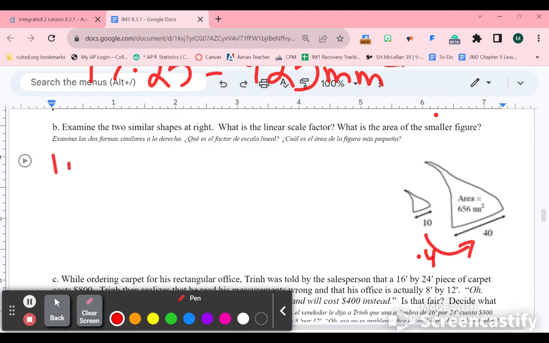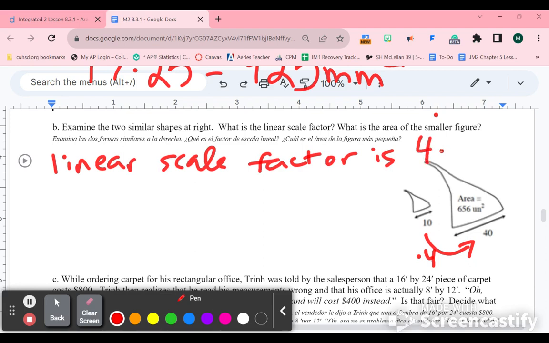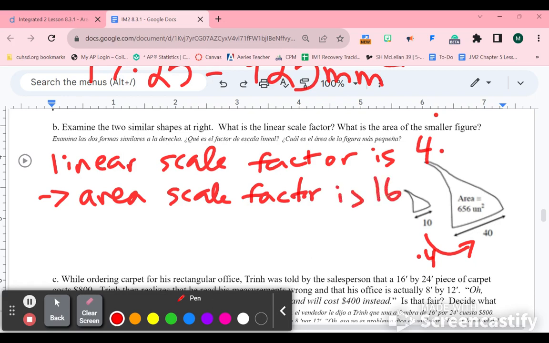So the linear scale factor, based on the choice I just made, is 4. The area scale factor is 16, because that's 4 squared.